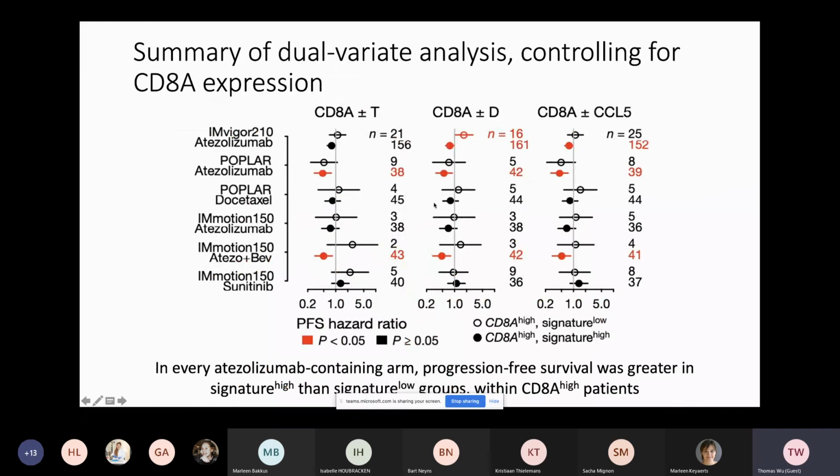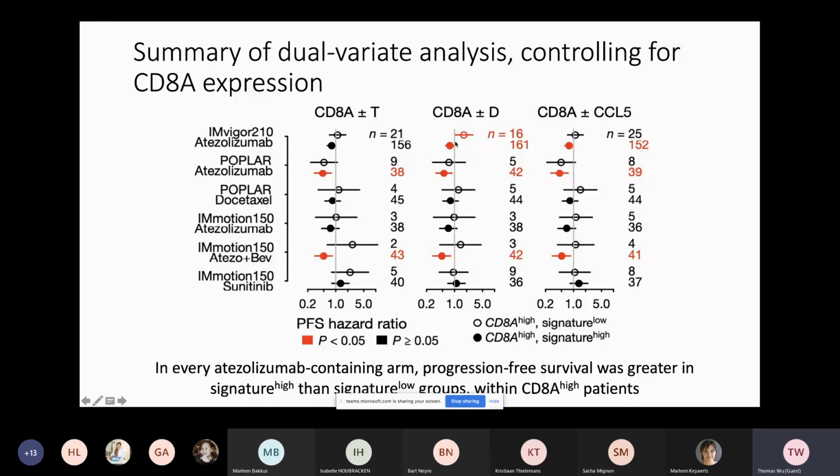If you look at all the studies, and here I'm showing the hazard ratio view, what we're interested in are the concordant patients, shown with filled-in circles, and the discordant patients, shown with open circles. Again, we color code them red if they're statistically significant. In almost every case in the atezolizumab arm, the filled-in circle is better than the open circle.